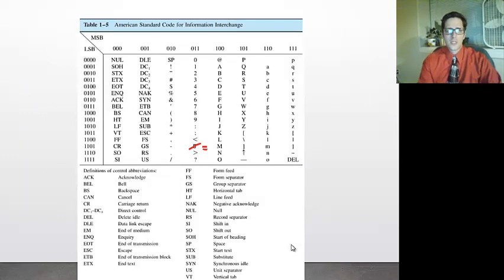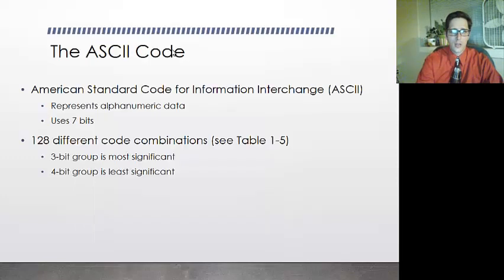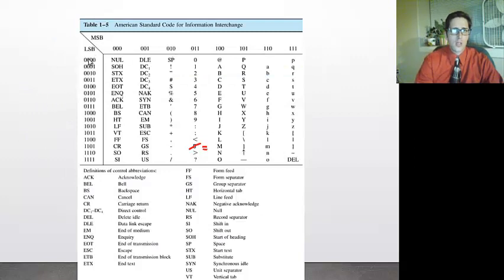What I'm talking about here is in your book, it's another table that we're going to use. The 3-bit code is most significant, and the 4-bit code is least significant.